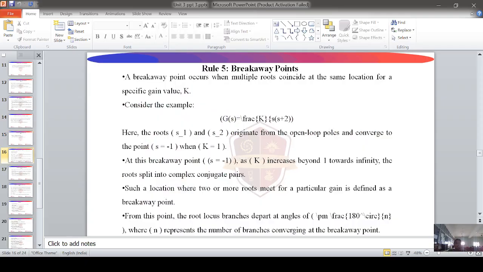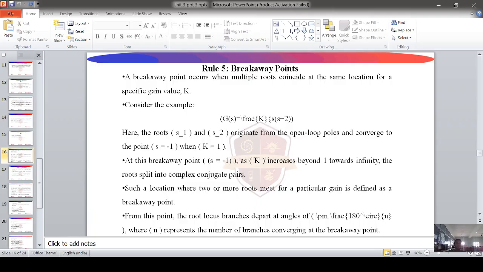Breakaway points. A breakaway point occurs when multiple roots coincide at the same location for a specific gain value K. Consider the example G(s) equal to... Here the roots s, s minus 1, and s minus 2 originate from the open loop poles and converge to the point p1 equal to minus 1 when K equals 1.